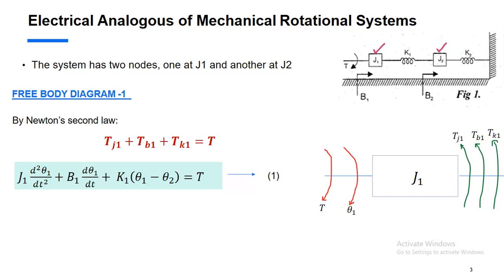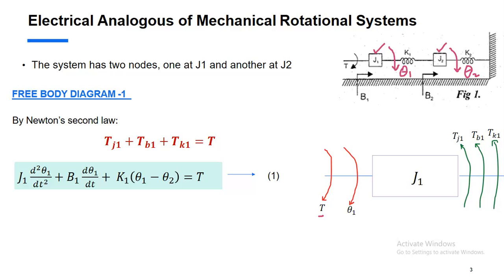Here we have an input torque represented by T, and the angular displacement is represented as theta 1 with respect to J1, and theta 2 with respect to J2. Here I am considering J1, so it is theta 1.